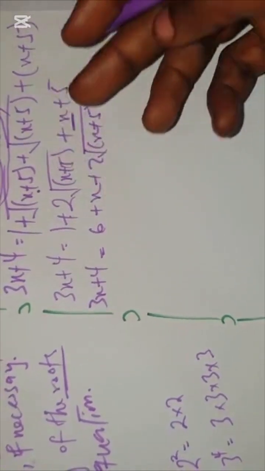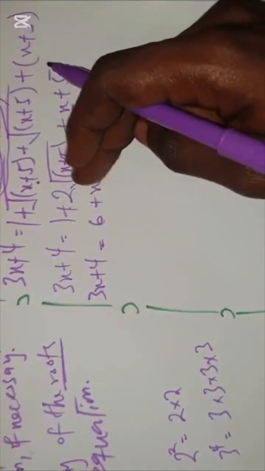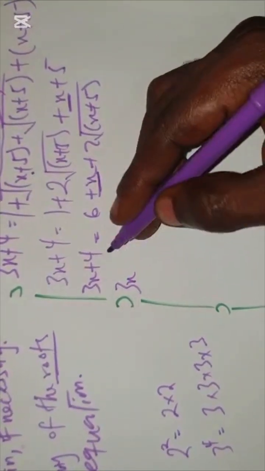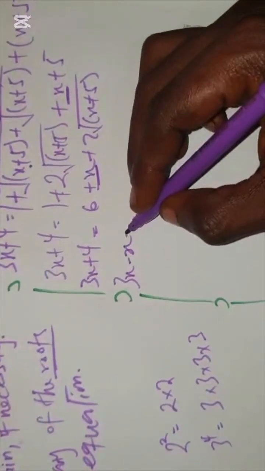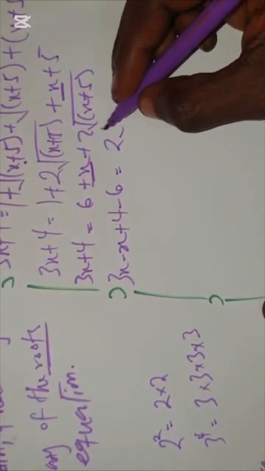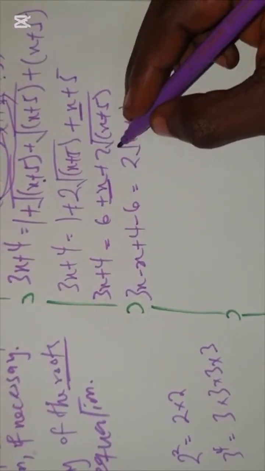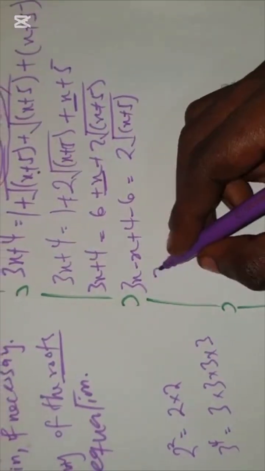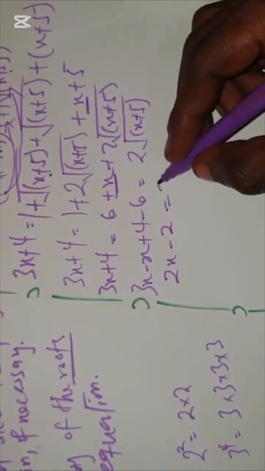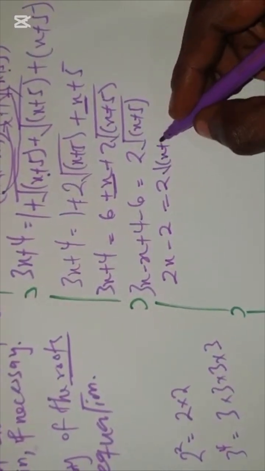So we're simplifying. I'm going to send these two to the other side of the equal sign. So we have 3x, and when it crosses, it becomes minus x, plus 4. This one also becomes minus 6 equals 2 root of x plus 5. Remember, we're still simplifying. This gives us 2x, 4 minus 6 gives us minus 2, equals 2 root of x plus 5.